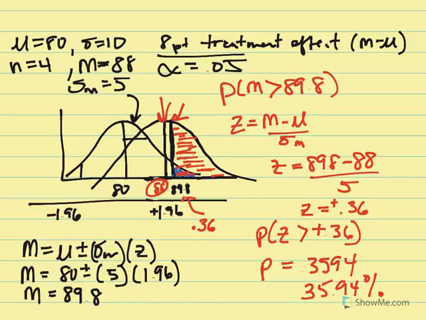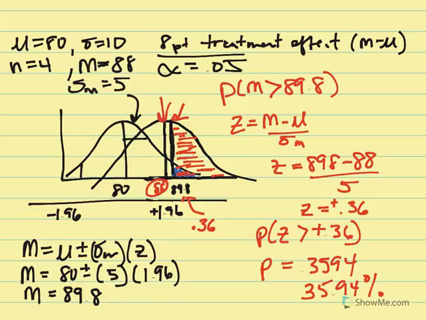So again, this example, in contrast to the previous video example, helps us see the influences of sample size on power and also the ability to reject the null hypothesis. So our ability to reject the null hypothesis is significantly decreased because we're working with a much smaller sample size.